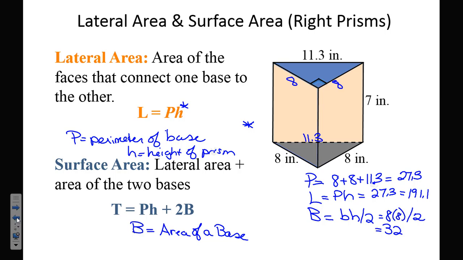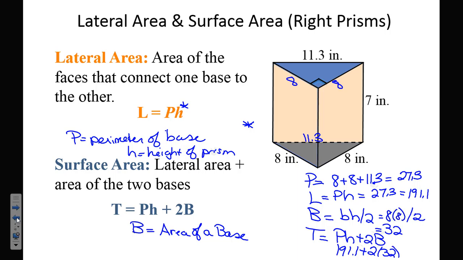So now to find my total surface area, I take my lateral area, my P times H, plus 2 of those areas of my bases. So I need to take 191.1 plus 2 of these 32s.